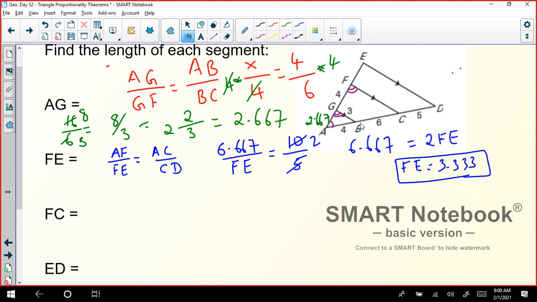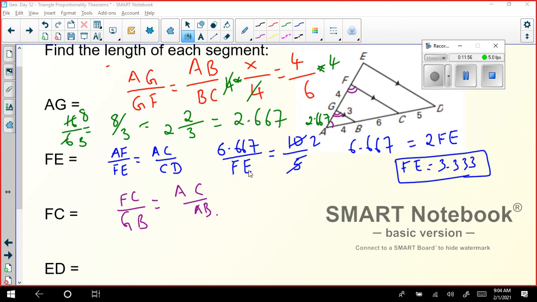I can say that FC over GB will be equal to AC over AB. For FC, the corresponding side is GB, will be equal to AC over AB. Okay, use this hint and find FC, and in the same way I want you to find ED. You have a minute.